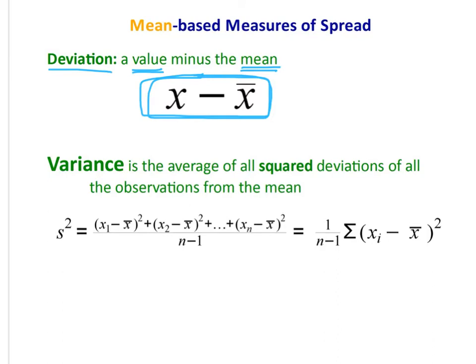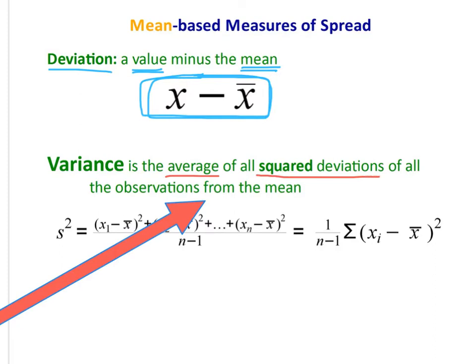In your notes, for variance, I want you to make sure you get what's down in green. What's in green says the variance is the average of all squared deviations of all observations from the mean.